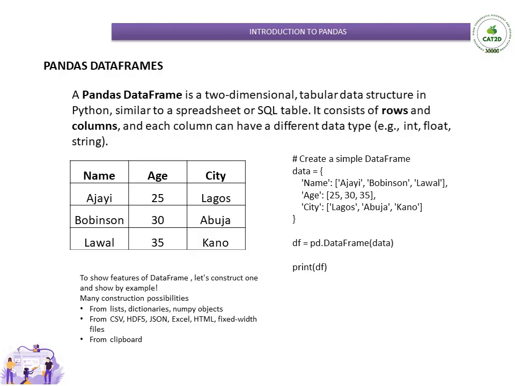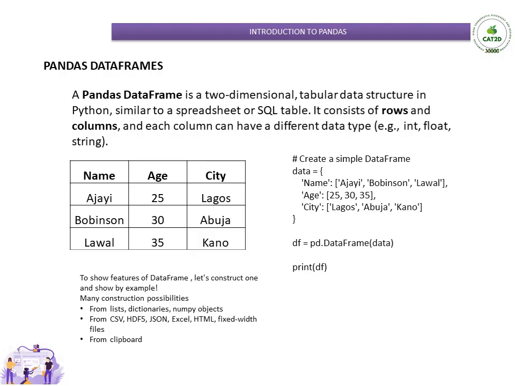So in order to represent these in Pandas, we have this structure here. Pandas creates a structure for that table in this format. Just like the dictionary, we will have the name as the key, the age as the key, and the city as the key. But in this case, we are not just considering one name.